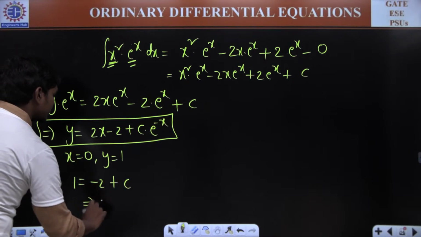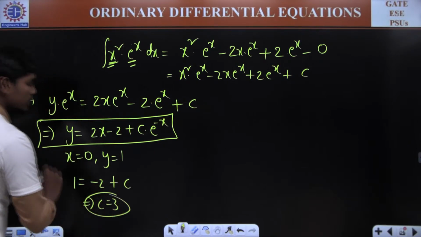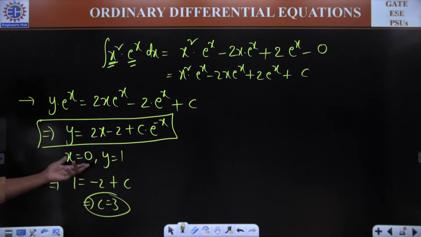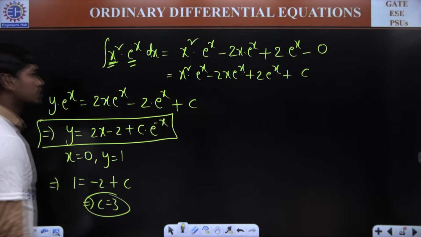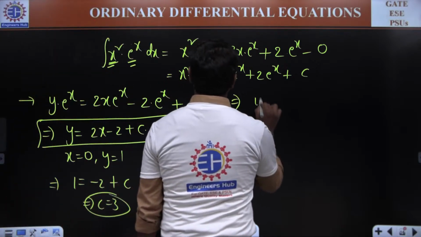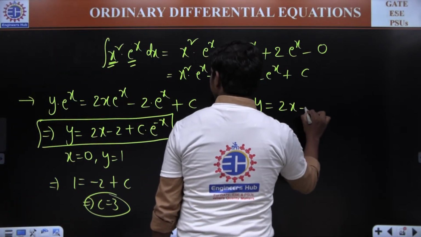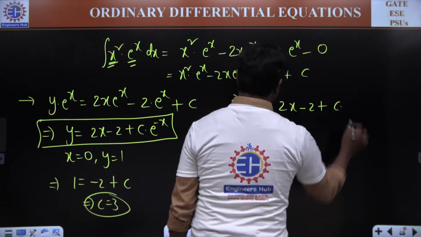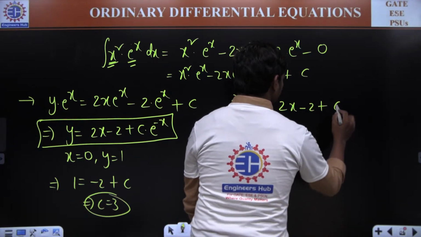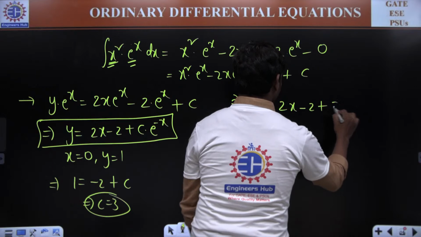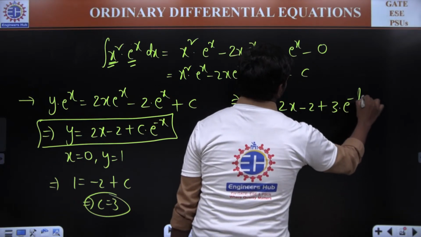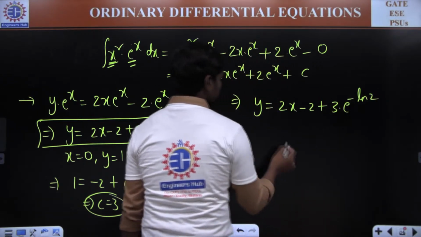So c is equal to 3. Is it that c is equal to 3? Yes or no? C should be equal to 3. So this equation is y is equal to 2x minus 2 plus c, where c is 3, times e power minus ln 2. This is what it's given, correct?